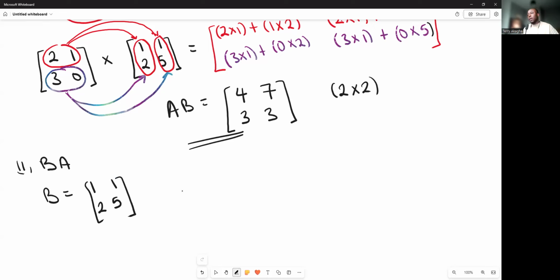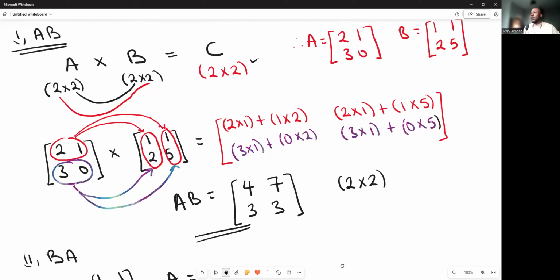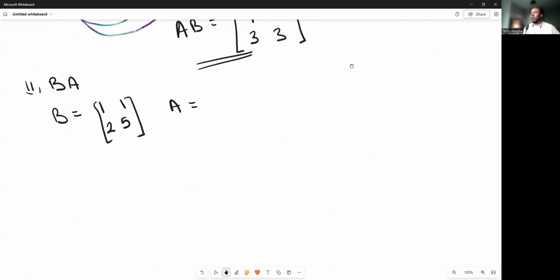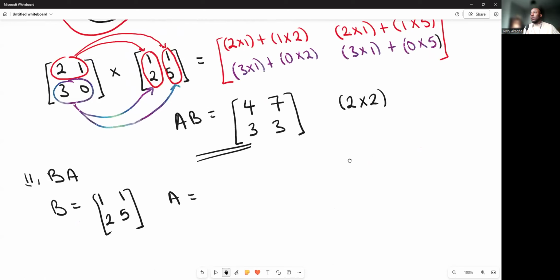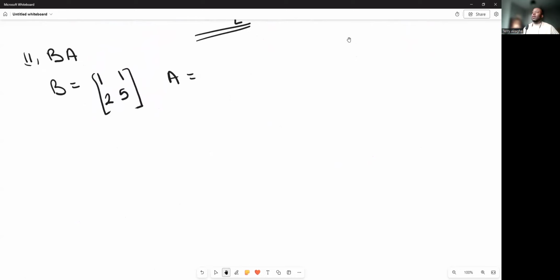And we know the A was equal to 2130, okay? So the first thing first, we're doing B multiplied by A.